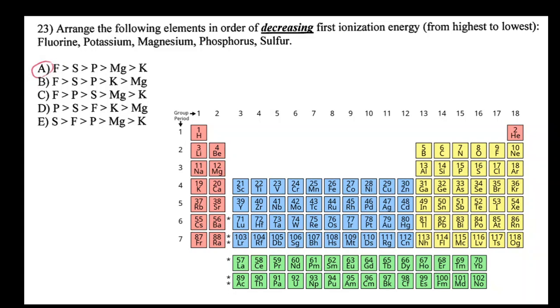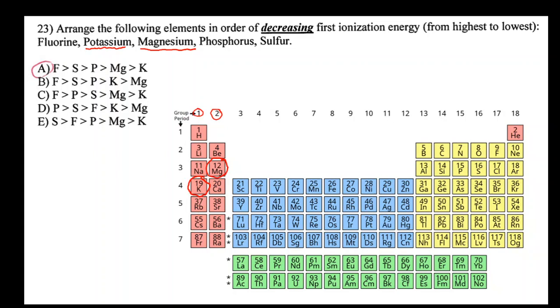Just looking at our options here, our two metals, which are going to be our candidates for the lowest ones, are potassium and magnesium. They are this guy here and this guy here. The main difference is they are in different rows of the periodic table, and one is also a group 2 compared to a group 1. In general, group 1 metals are easily ionizable.